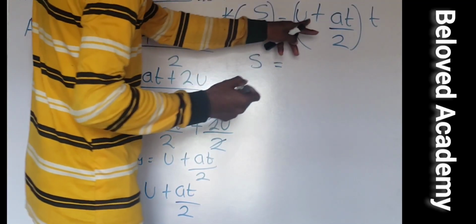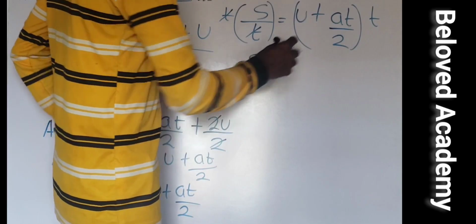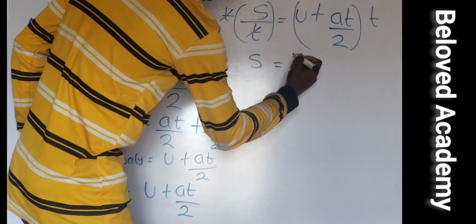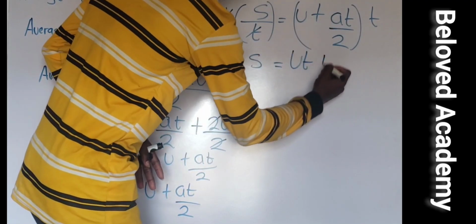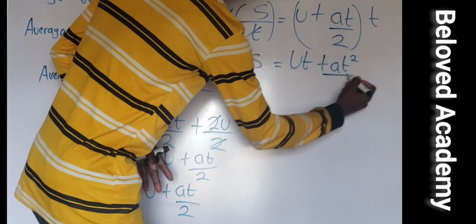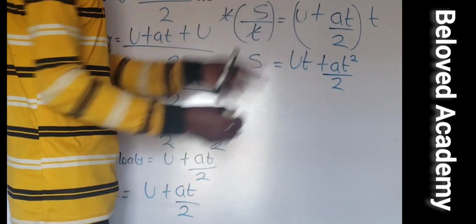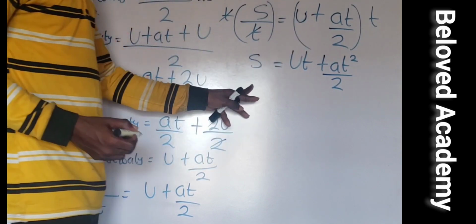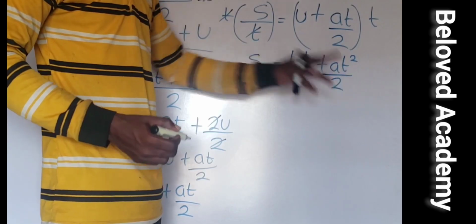Now we have u plus at all over 2 multiplied by t. That will be t multiplied by u is what? ut. t multiplied by at is what? Plus at squared all over 2. The t will only multiply all this. Pay attention. So the final answer is s equals ut plus at squared all over 2.